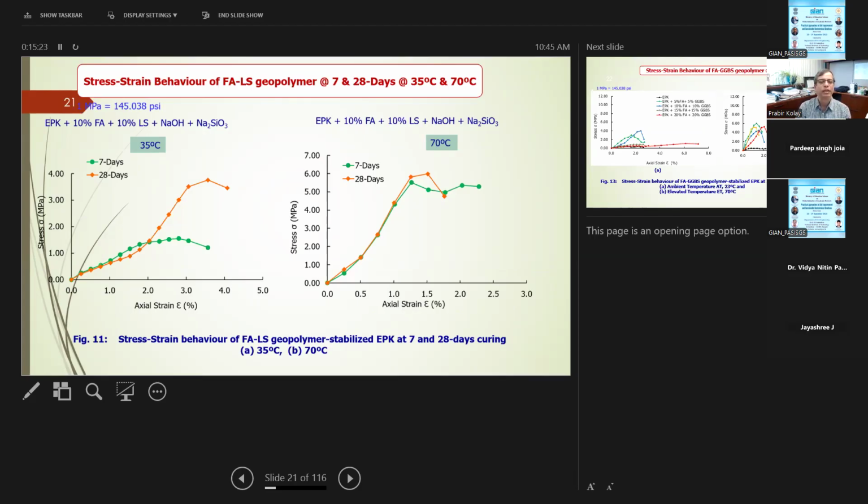Instead of ambient temperature, we increased to 35 degrees Celsius and see how much is the strength gain. Then we see that at 70 degrees, the strength at 28 days was almost 6 MPa. Here, at 28 days, the strength is around 4 MPa. It's not that bad. It's a little bit increased compared to the ambient one.